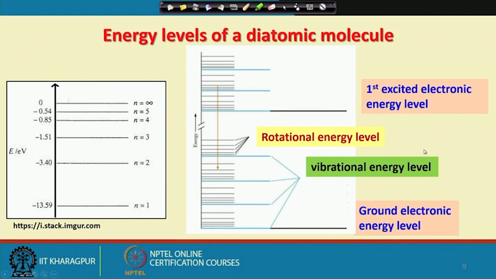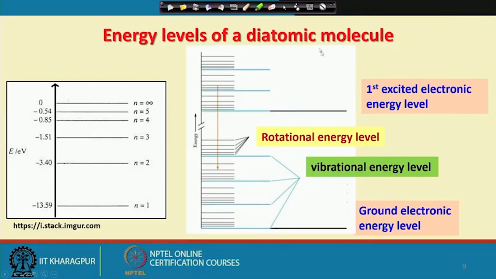Now, if I ask you, can you point out the energy level of a molecule which is occupying the ground electronic state and which has a vibrational quantum number equal to 1 and rotational quantum number equal to 2?